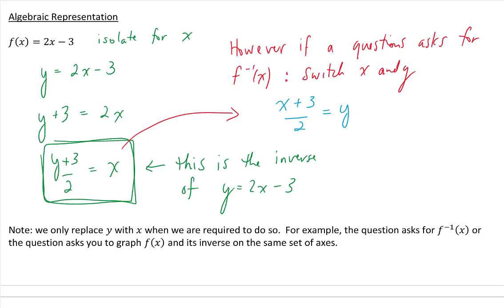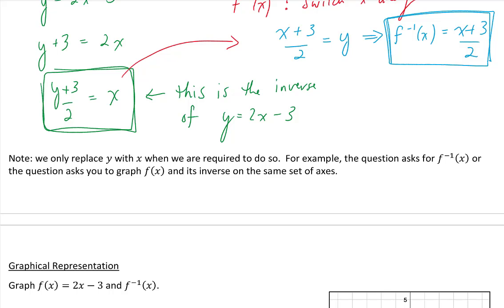And then we write it using function notation. So this means that f inverse of x is equal to x plus 3 over 2. And we only do this for functions. It doesn't make sense if we do it for formulas. Formulas, we don't want to switch the variables. The variables are what the variables are. And the only reason why we might want to do this is to graph the inverse and its function on the same grid.